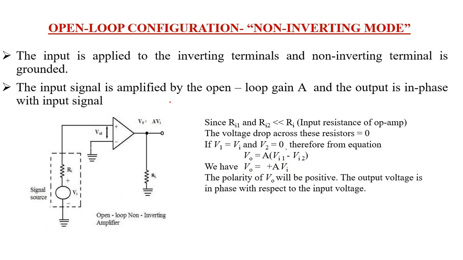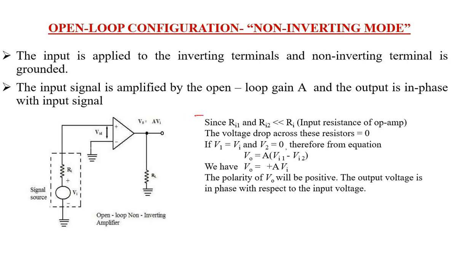Here you can see the non-inverting mode amplifier. In this configuration, the input is applied to the non-inverting terminal and the inverting terminal is grounded. The output signal is amplified by the open loop gain, and the output is in phase with the input signal.